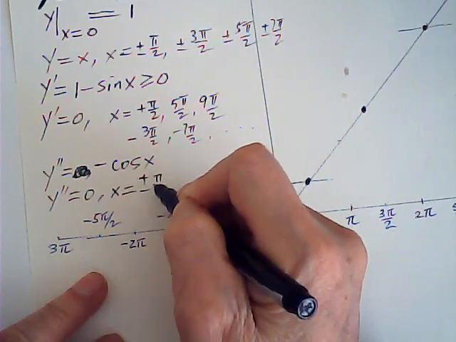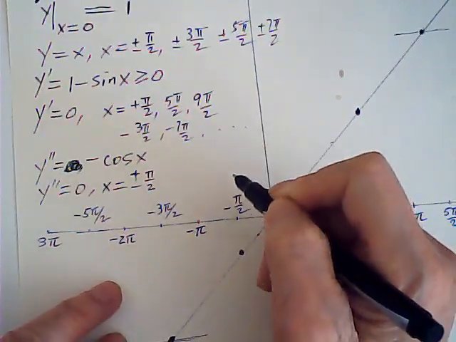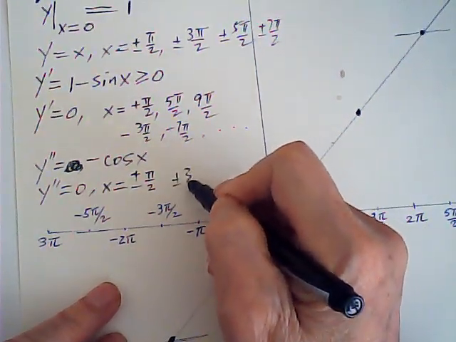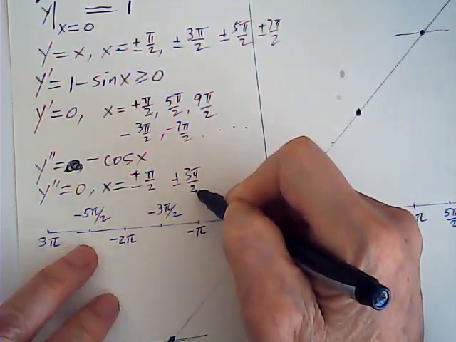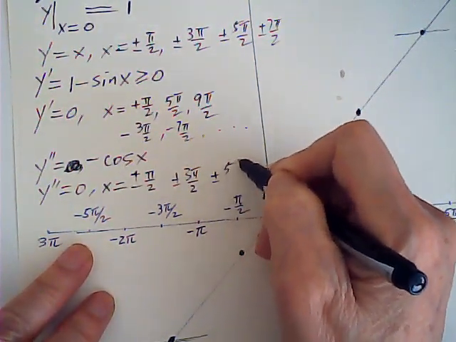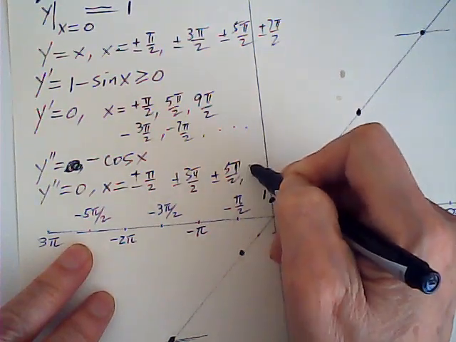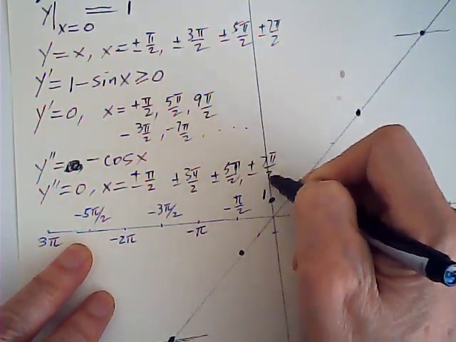Plus or minus half pi. Plus or minus 3 pi over 2. Plus or minus 5 pi over 2. Plus or minus 7 pi over 2. And so on.